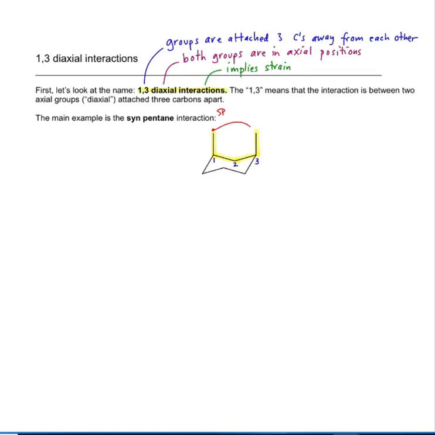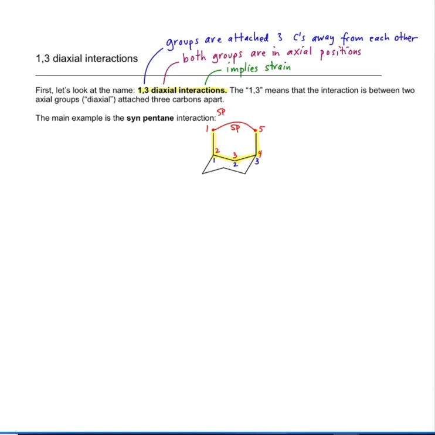Here's the first carbon in the pattern, and the hydrogens on that methyl group are too close to the hydrogens coming off of the other methyl group, which would be the 5th carbon in the pattern. So 1, 2, 3, 4, 5. It's a 5-carbon pattern where the 1st and the 5th carbons are lined up with each other.